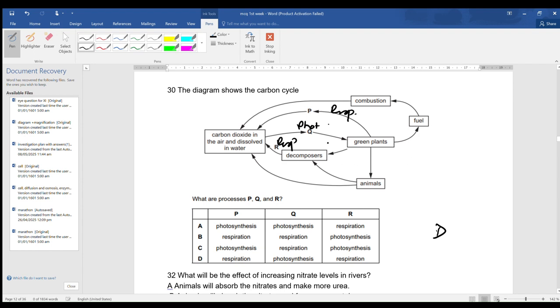So what is P, Q and R? P is respiration, therefore B and D are correct. And Q is photosynthesis, and R is respiration. Because the decomposer, during the process of decomposition, when it respires, releases carbon dioxide into the atmosphere. Therefore, D is the correct answer.